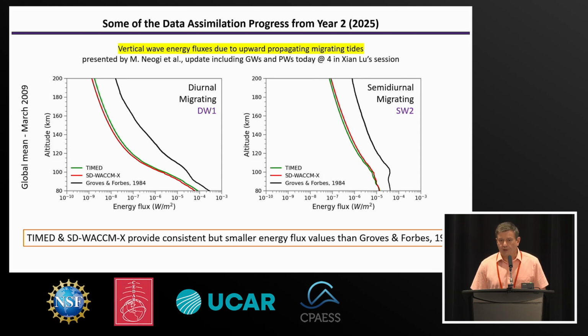So I'm a physicist, and that means when we talk about lower-upper atmosphere coupling, what really matters for me as a physicist, and I'm sure for most of the community, are the energy and momentum fluxes that really matter here.